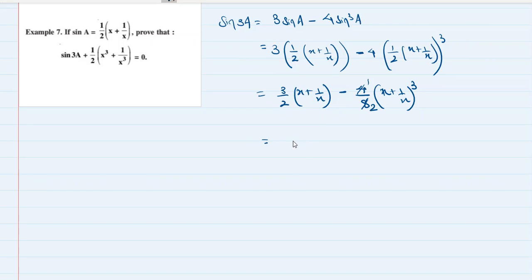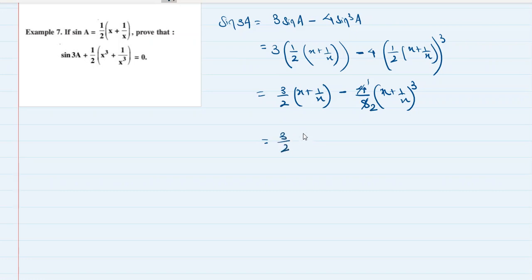Now you can expand over here and simplify. That way you can get x cube plus 1 by x cube inside, and we already know the value of 3 by 2 x plus 1 by x. Actually, 1 by 2 x plus 1 by x is sine A, so this is 3 times sine A. Okay, let's see what we get.